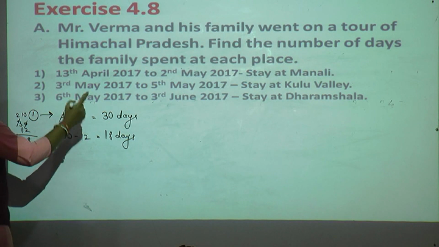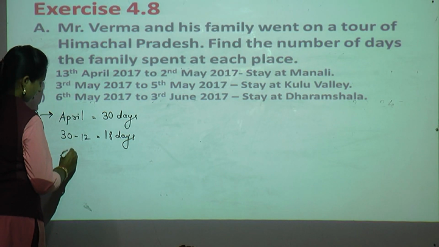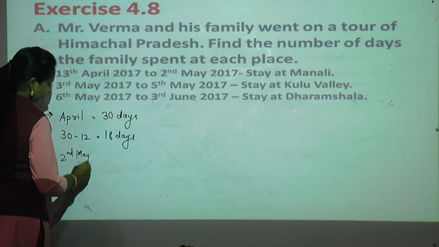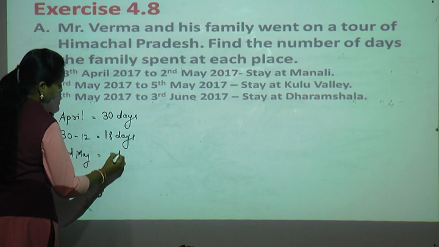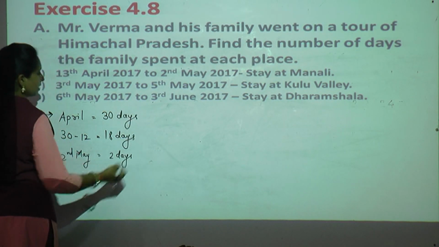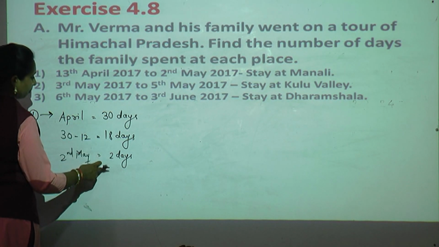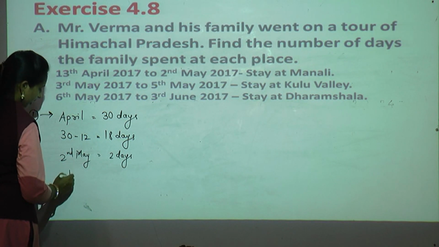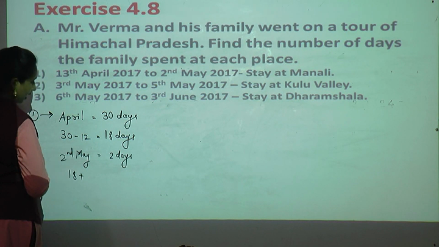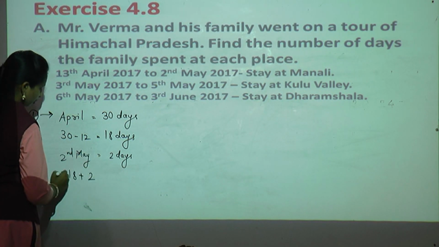Okay, now what about 2nd May? See, 2nd May itself tells that it is only 2 days, isn't it? Because they stayed in Manali only till 2nd May. So what is the total of April and May? See, how many days did they stay in April? 18 days, and in May 2.